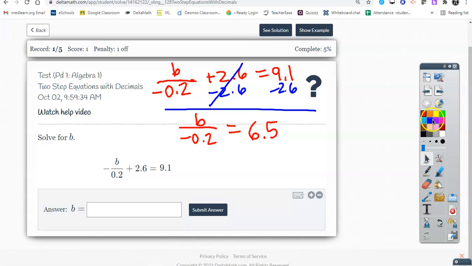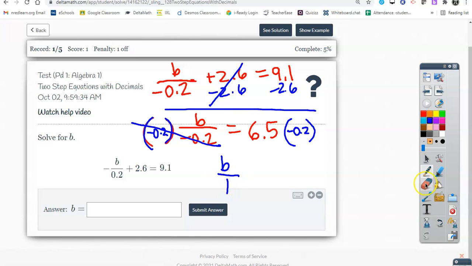All right, the next step will be to clear this denominator, which is dividing by negative 0.2, and the inverse of dividing is multiplying. Let me change my inverse color here, so I'm going to multiply both sides by this exact number, negative 0.2. So these are multiplicative inverses, which gives me an invisible 1, which I'm going to leave off.